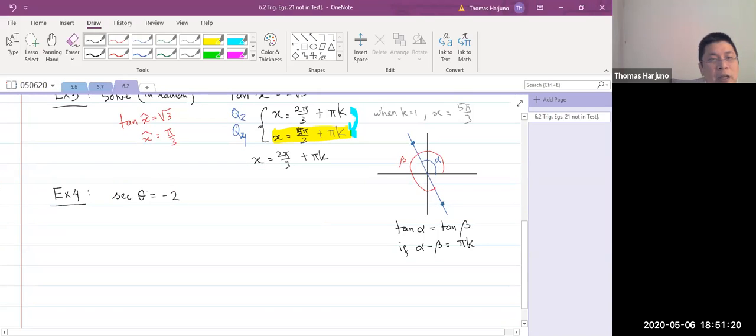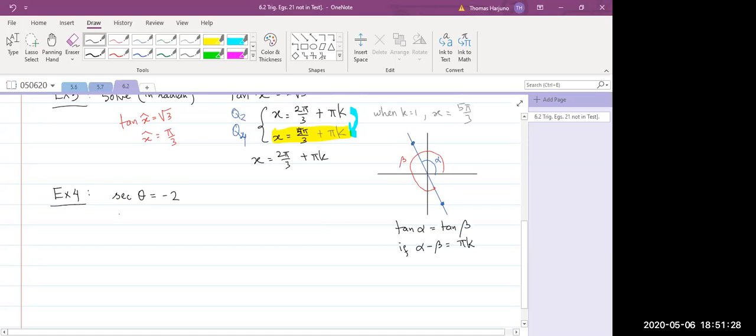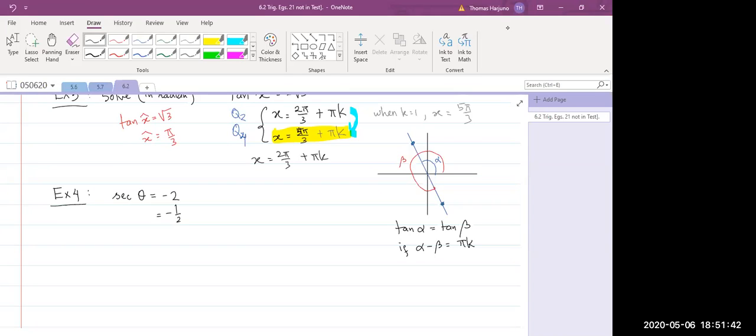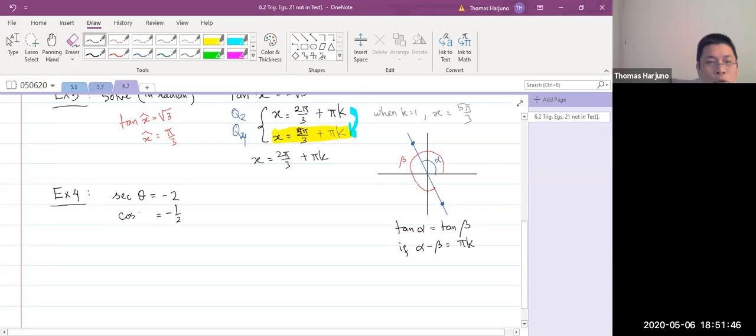If secant theta is -2, then the reciprocal is -1/2. What is the function? Cosine. So you do the reciprocal on both sides.